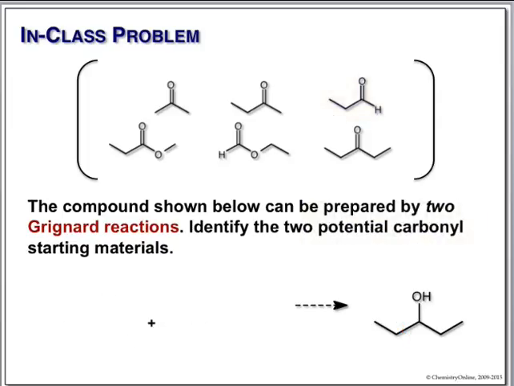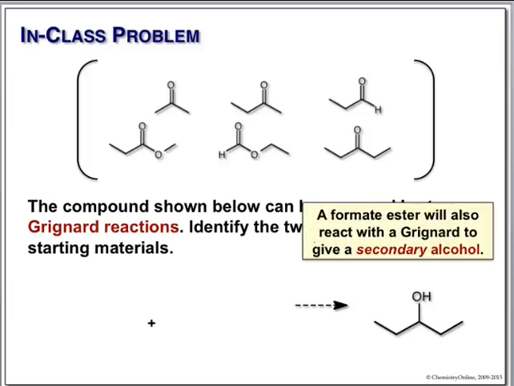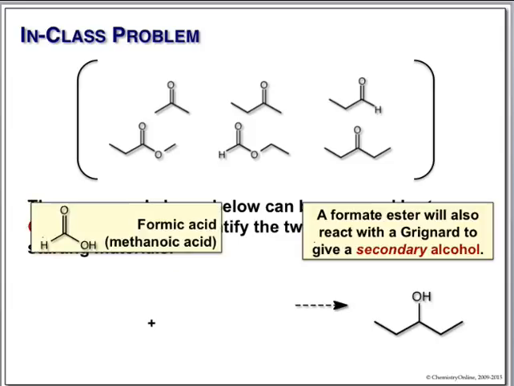But if we take this guy, a formate ester, remember the hydrogen or the alkyl group survives, doesn't it? What's attached here? A hydrogen. So if we take this formate ester from formic acid, we simply add 2 moles of Grignard to the formate ester.